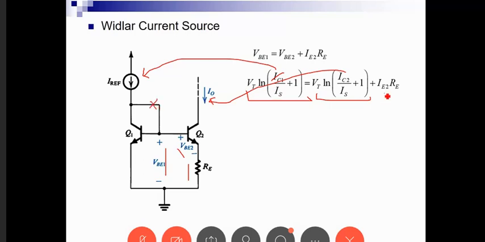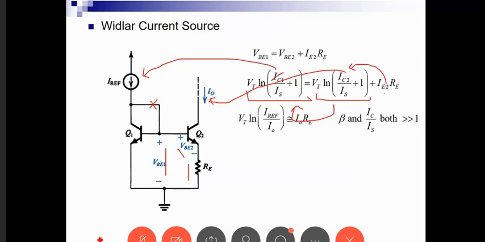And then IE is also my IO as well. And we took this term to this side, the subtraction of a logarithm will give me the ratio of the two quantities, and now I have this relation which is VT ln of I reference over IO equal IO times RE.